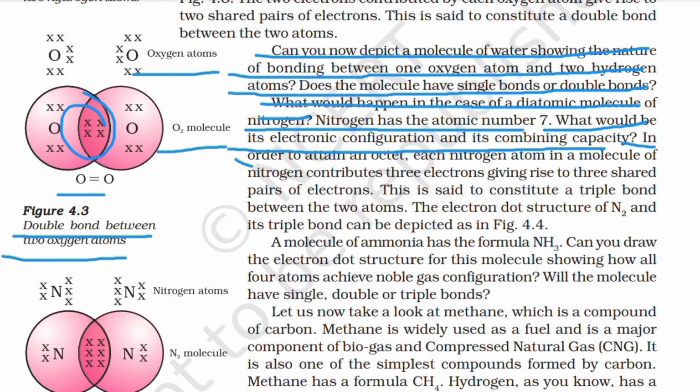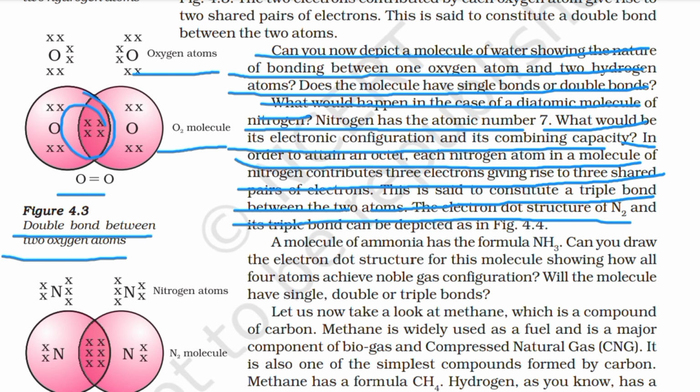In order to attain an octet, each nitrogen atom in a molecule of nitrogen contributes 3 electrons, giving rise to 3 shared pairs of electrons. This is said to constitute a triple bond between the two atoms. The electron dot structure of N2 and its triple bond can be depicted as in figure 4.4.